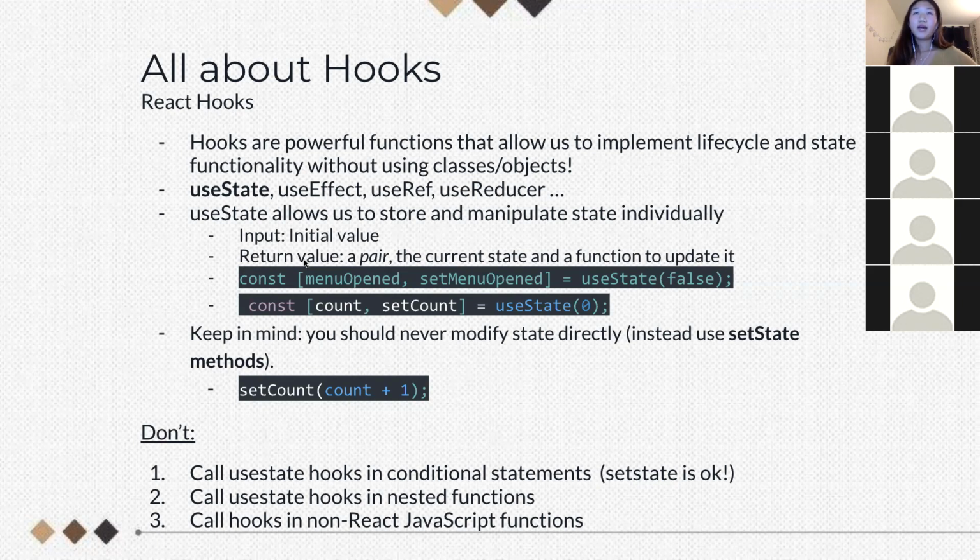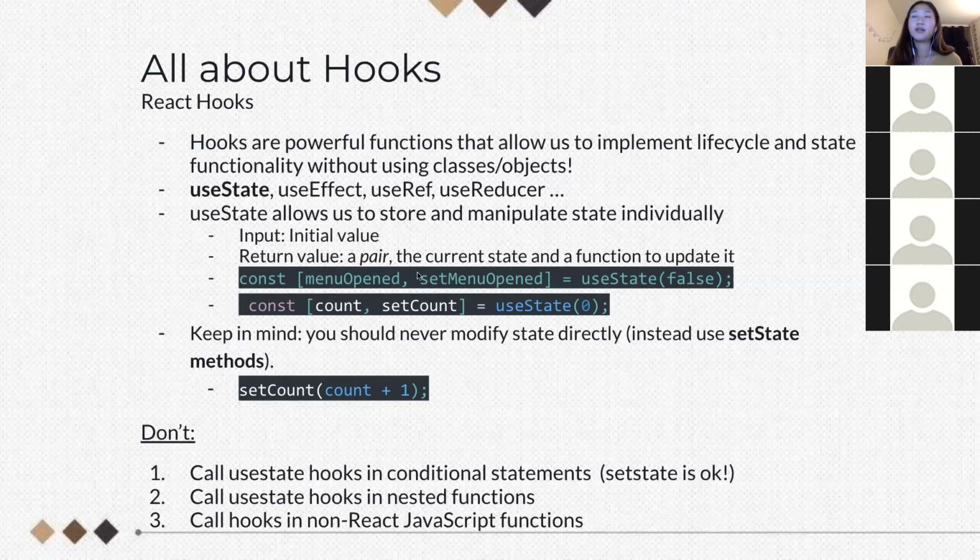It returns two values: the current state and a function to update it. That's why you'll see there are two values put inside here. The first value is the current state. For example, if we wanted to access the value of count, then count is what we want.